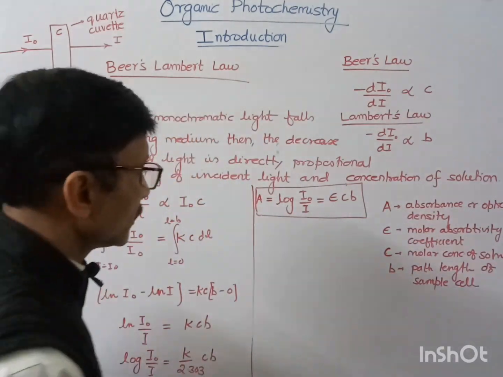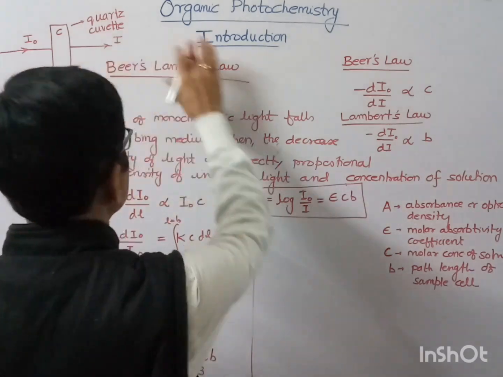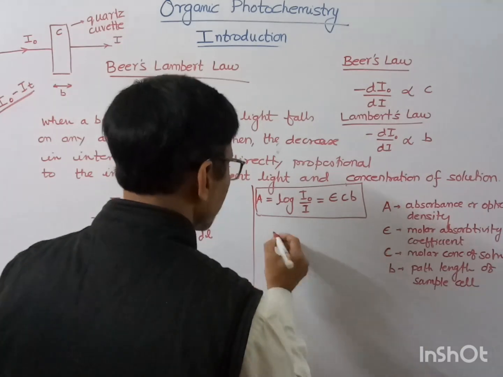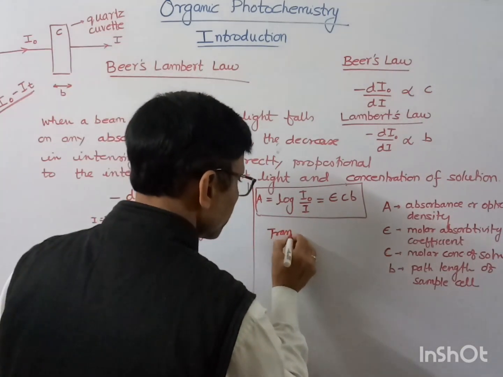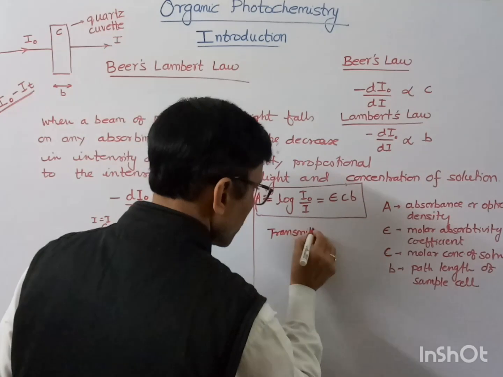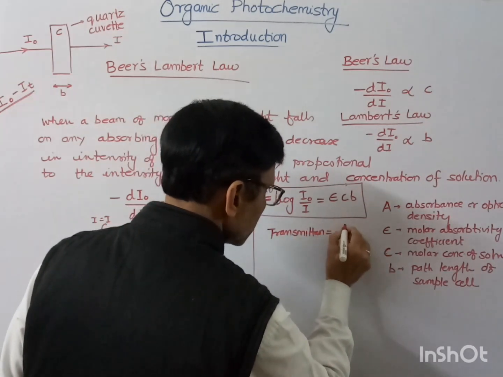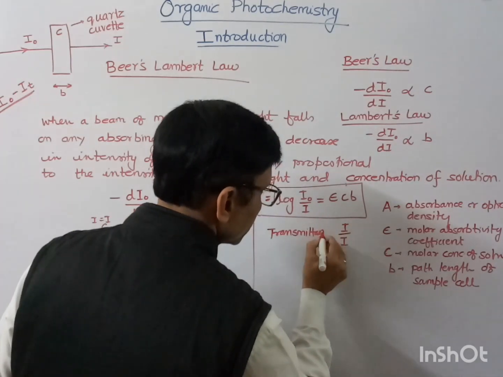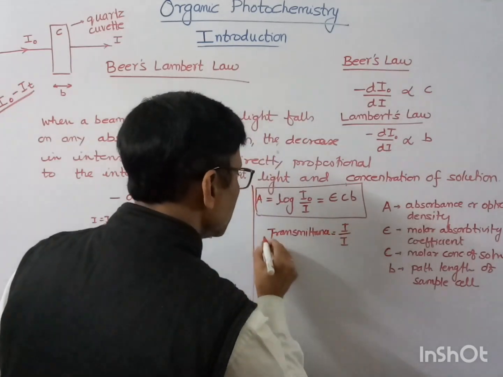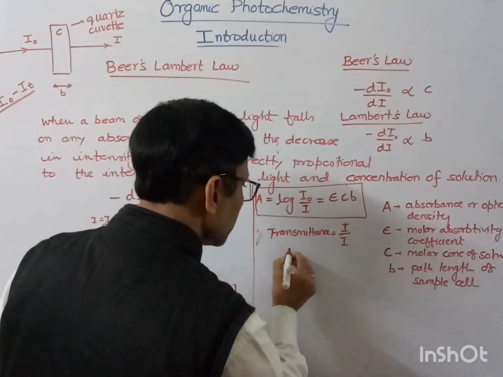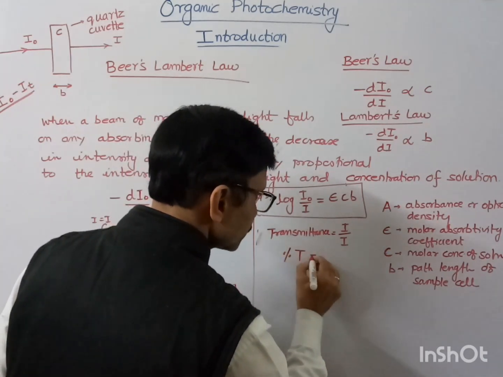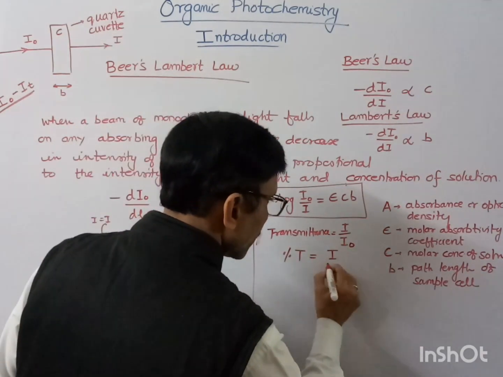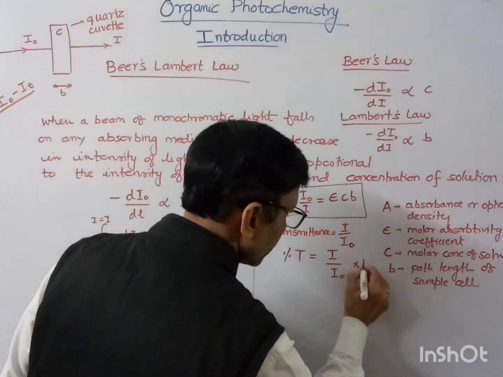Now from here, what we can write is the transmittance. What is the percentage transmittance? Transmittance is equal to I upon I0, and the percentage transmittance, percentage T, is equal to I upon I0 multiplied by 100.